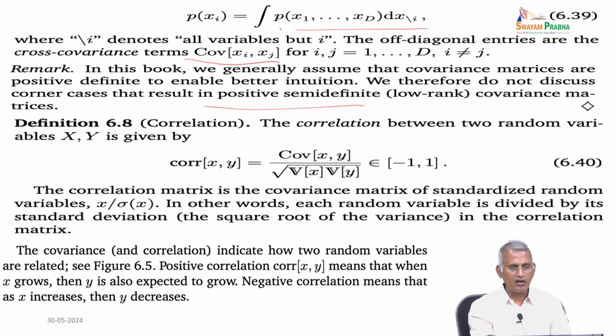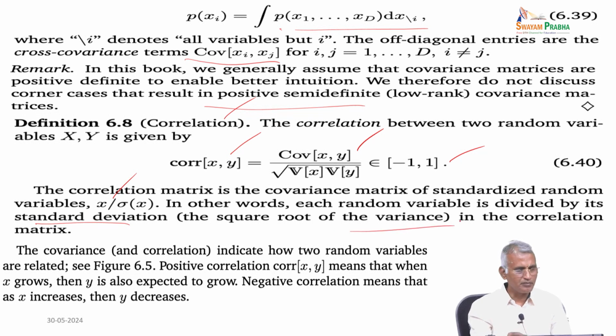Next definition, correlation. The correlation between two random variables x and y, CORR of x comma y, is the covariance of x comma y divided by the square root of the variance of x into the square root of the variance of y. So, this lies between -1 and 1. The correlation matrix is the covariance matrix of the standardized random variable, x over sigma of x. In other words, each random variable is divided by its standard deviation, the square root of the variance.